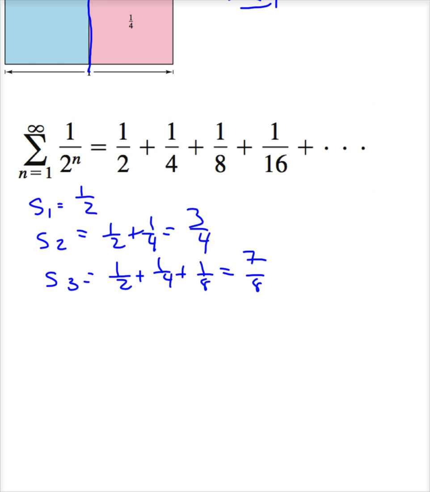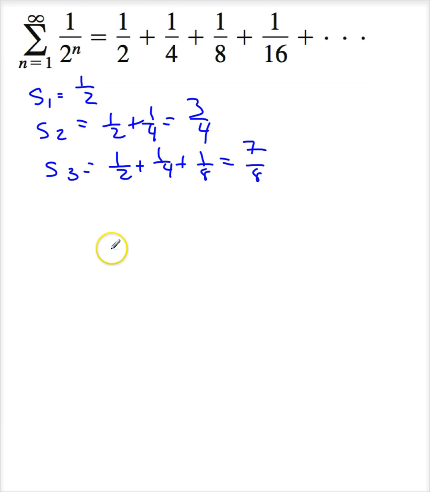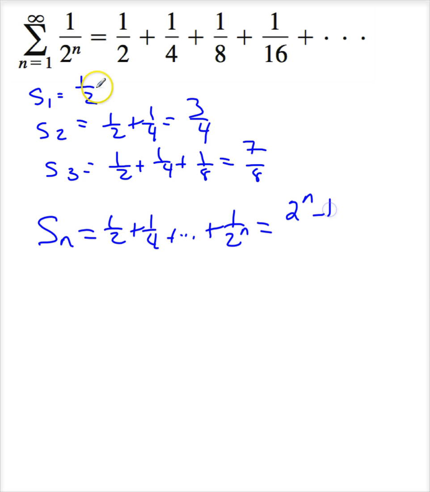Let me extend my page here. All right, so if I look at the nth partial sum, this is going to be 1/2 plus 1/4 plus up to 1 over 2 to the n. Now if you look at this pattern, remember we were doing pattern recognition for sequences before, this looks like 2 to the n minus 1 is my numerator.